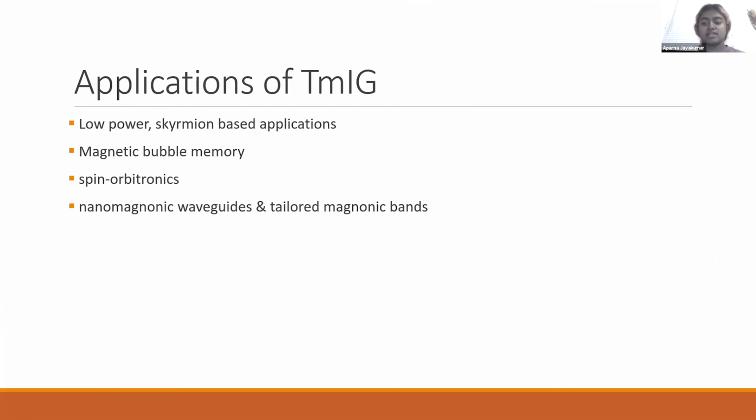The concept was movable magnetic bubbles, which are small magnetized domains. Previously, the size was too large and the bubbles required an on-chip magnetic field generation, which made it pretty much unfeasible. However, skyrmions could bypass these, and their existence in TmIG makes it a good candidate for magnetic bubble memory.